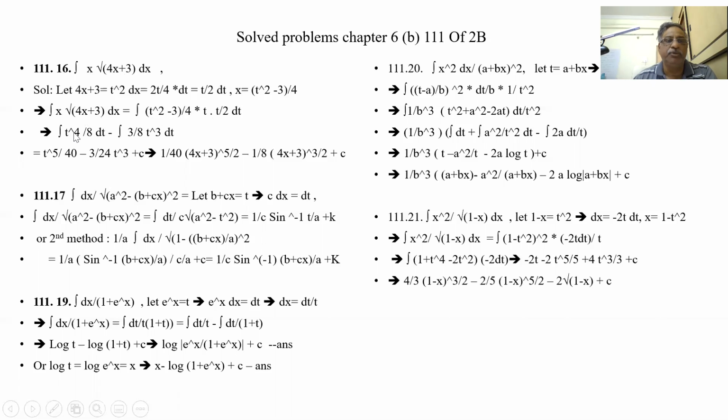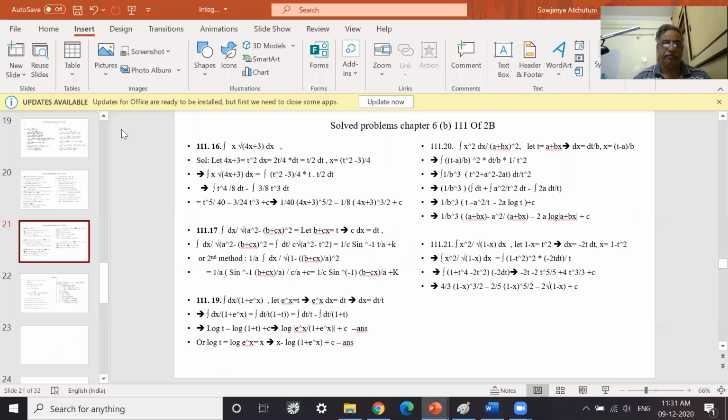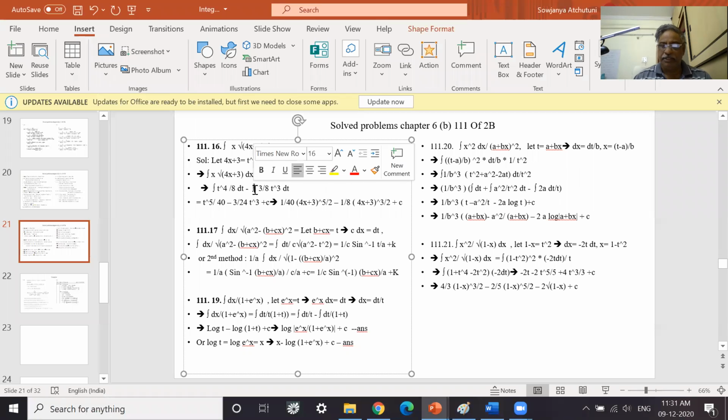This is easy: t to the power of 5 by 5, and this is t to the power of 4 by 4, t cubed. The second one is 3 by 8 t cubed after removing the integral.